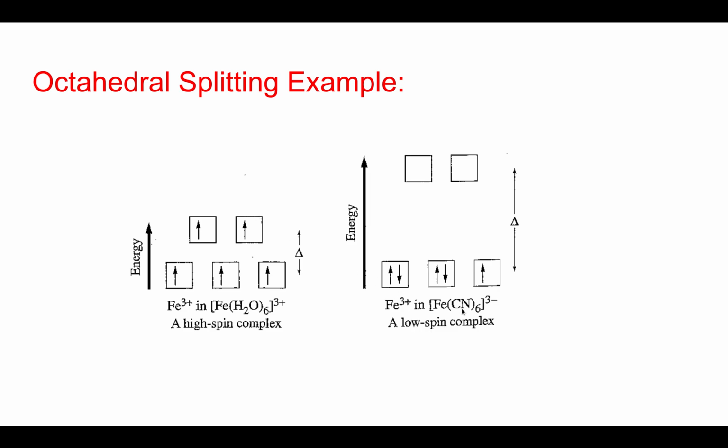But if we have a d5 complex with a strong field ligand, like CN minus, then we would fill 1, 2, 3, 4, 5. But again, the other iron was d6. This example here is d5.